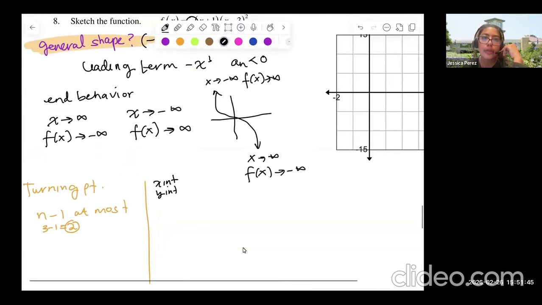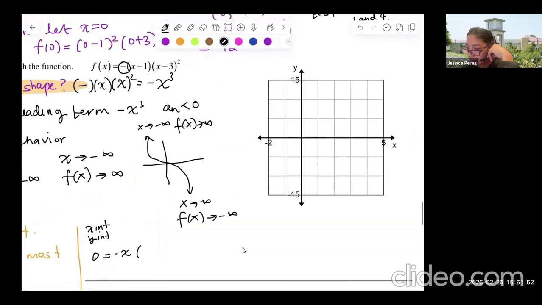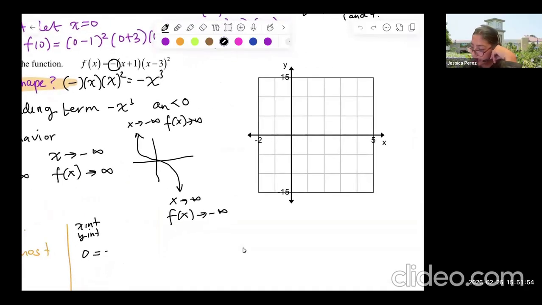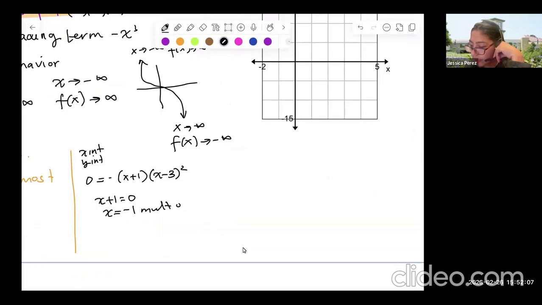So then the next step is to find the x-intercepts and the y-intercepts and determine the multiplicities of those x-intercepts. So if we rewrite the function, we have 0 is equal to negative x plus 1, parentheses x minus 3 squared. So we have x plus 1, set that equal to 0. I get x equals negative 1 with a multiplicity of 1.